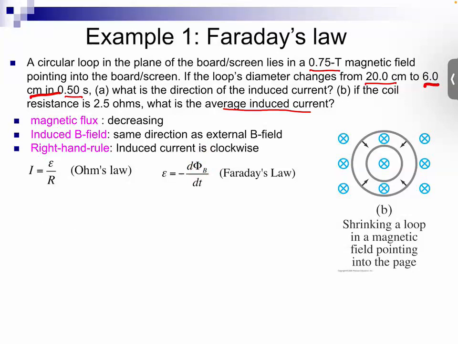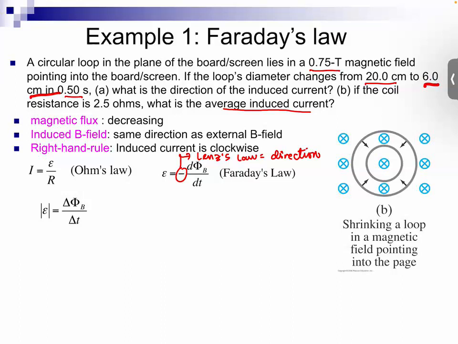The negative sign is just Lenz's law, which gives you the direction. So when you do the calculation for the voltage, disregard the negative sign, because the negative sign only tells us the direction, but the magnitude of the voltage is calculated from the absolute value without the negative sign. So it will be the change in magnetic flux over the time interval for which the change happens.